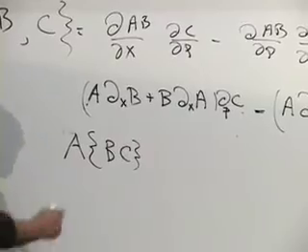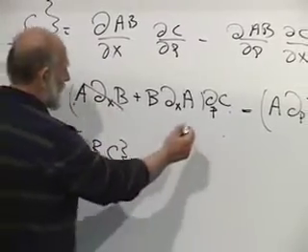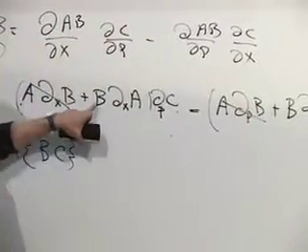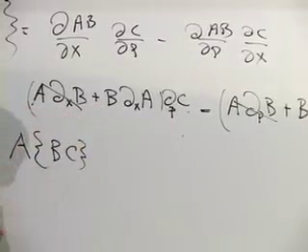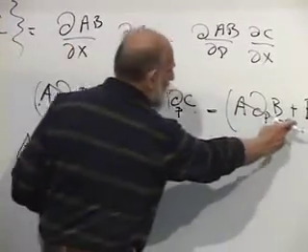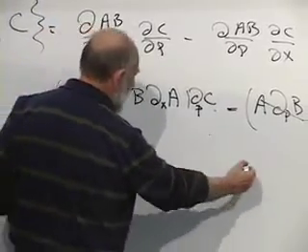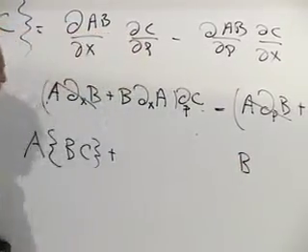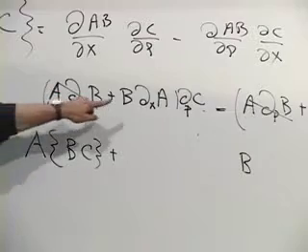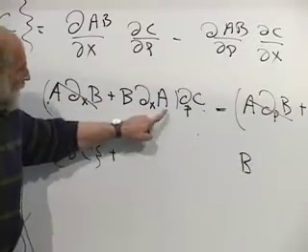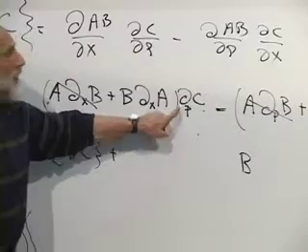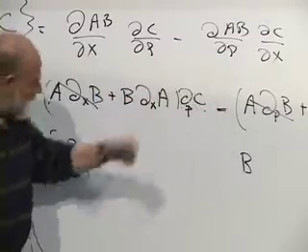Now there's the other term. We've gotten rid of this, and we've gotten rid of this. Now there's the term with B undifferentiated. Two terms with B undifferentiated. So let's put the B out here. And what does it multiply? It multiplies the x derivative of A times the p derivative of C minus the opposite order.